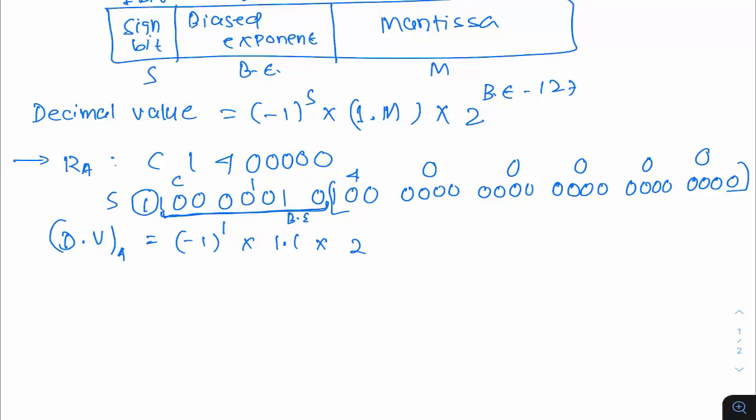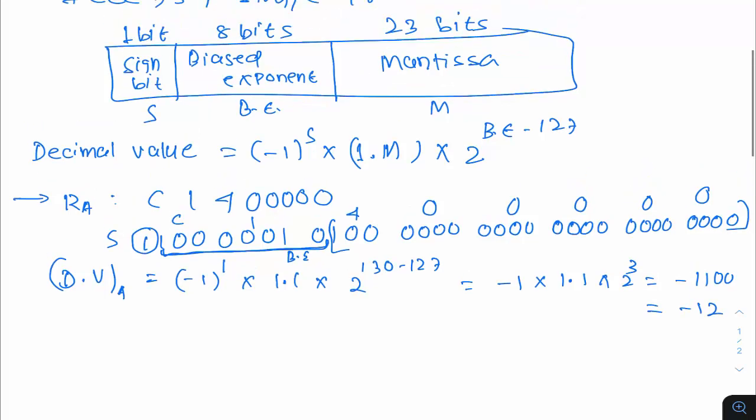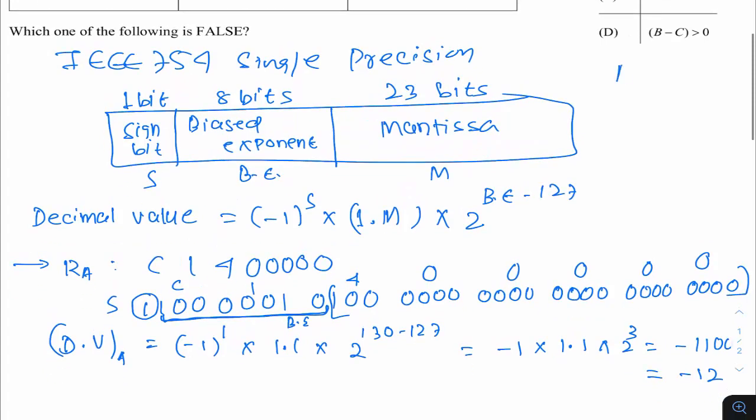So this is 2 to the power 130 minus 127. If you simplify, minus 1 to the power 1 is minus 1, and then 1.1 into 2 to the power 3. This is minus 1100, which in decimal format is minus 12. So we got the value of A as minus 12.